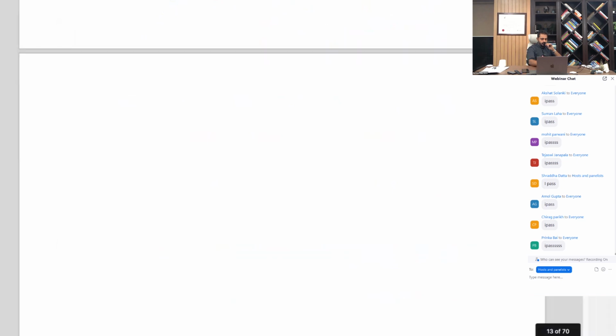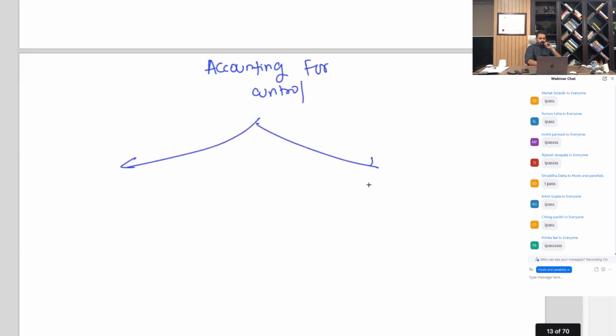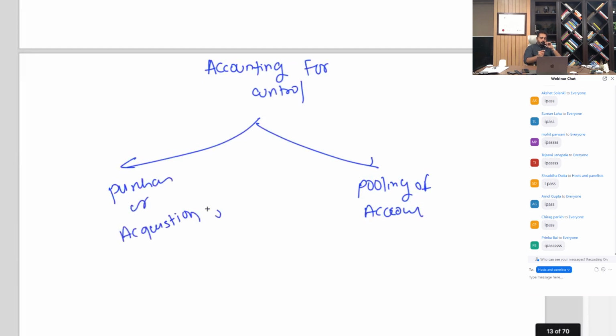Or accounting for control. So, for accounting for control, there are two accounting methods. One is called pooling of accounts, and the other is called the purchase or acquisition method. Pooling of accounts, what about it? We don't use it anymore, right?